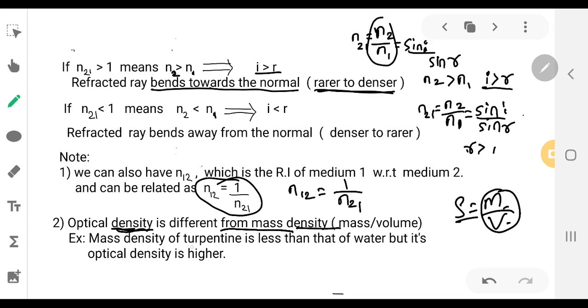Mass density of turpentine is less than that of water. ಅಂದ್ರೆ m divided by v ratio. ರೋ ಏನೈತಿ, ಟರ್ಪೆಂಟೈನ್ದು ನೀರಿನಕ್ಕಿಂತ ಕಡಿಮೆ ಅದ. ಬಟ್ ಟರ್ಪೆಂಟೈನ್ಸ್ ಆಪ್ಟಿಕಲ್ ಡೆನ್ಸಿಟಿ ಈಸ್ ಹೈಯರ್. ನೀರಿಗೆ ಕಂಪೇರ್ ಮಾಡಿದ್ರೆ ಟರ್ಪೆಂಟೈನ್ ಆಯಿಲ್ ಇದ್ರದ್ದು ಟರ್ಪೆಂಟೈನದ್ದು ಏನೈತಿ, ಆಪ್ಟಿಕಲ್ ಡೆನ್ಸಿಟಿ ಜಾಸ್ತಿ ಐತಿ.